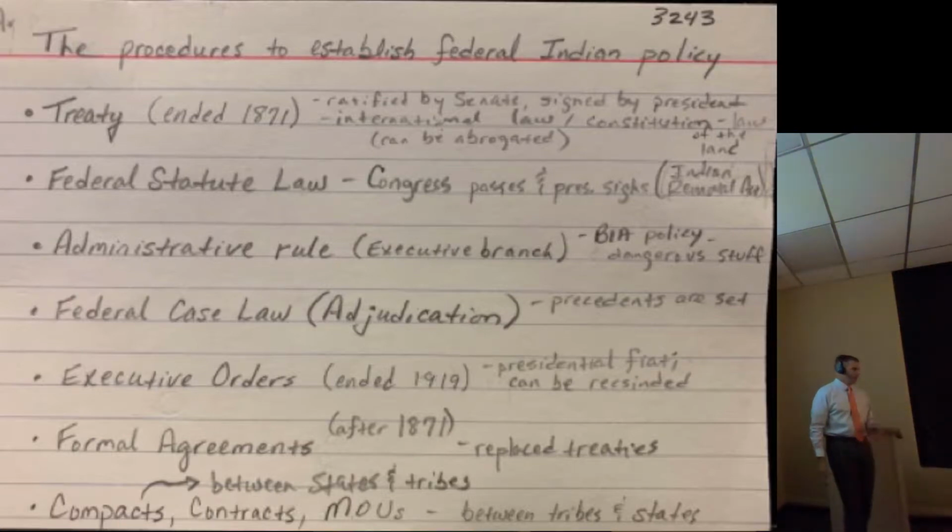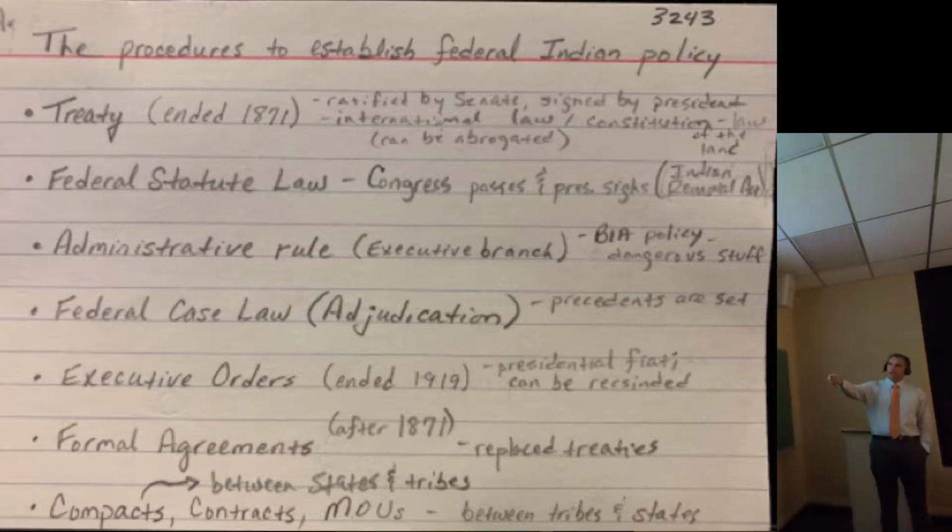All right, another process or another procedure for establishing Indian policy is federal case law, specifically, not just Supreme Court, but any federal case law. So you have the federal case laws. We will talk a lot about these Supreme Court cases and how these establish precedent for Indian policy.